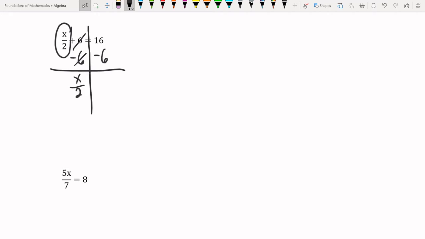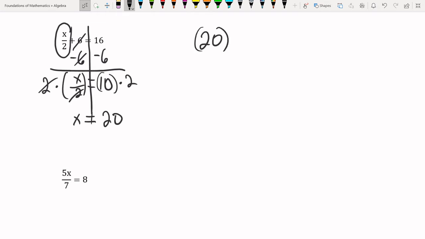X over 2, 16 minus 6 is 10. Now here, 2 is dividing x, so to get rid of the division, we're going to multiply by 2. That cancels with that 2, and we get x equal to, well, 10 times 2 is 20.